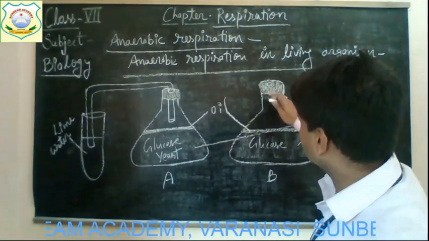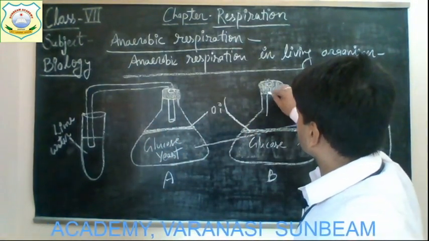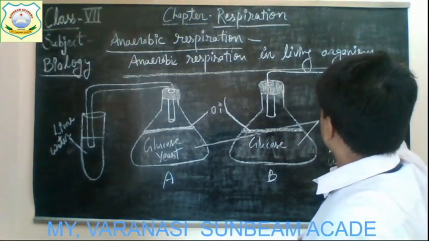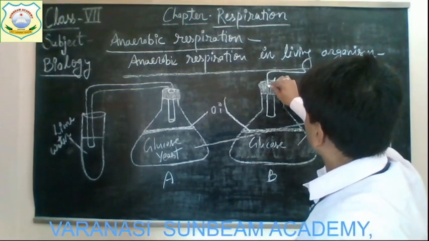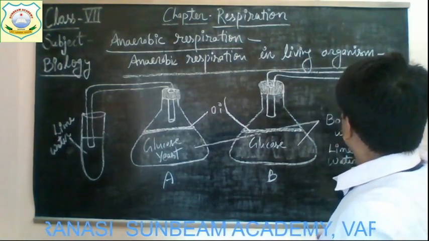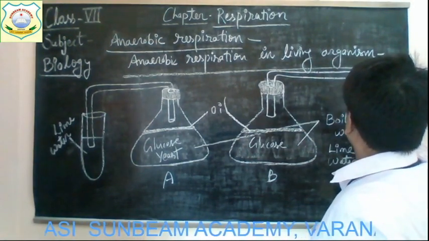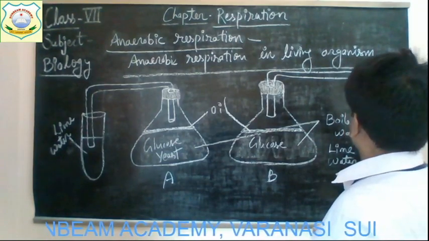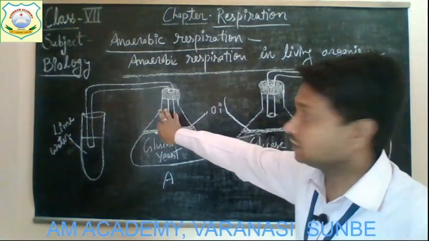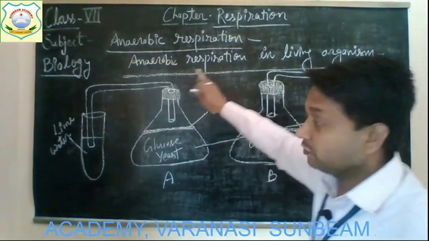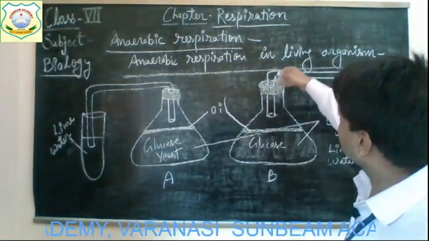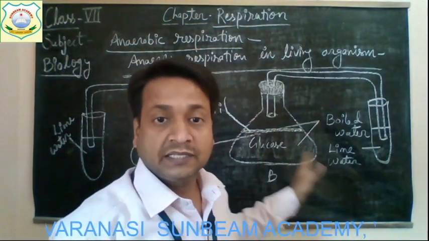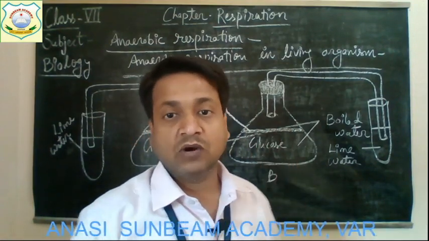And just like that in flask B. So these are the glass tubes which are inserted in the flask, and the other end is inserted in the test tube in which we have lime water.